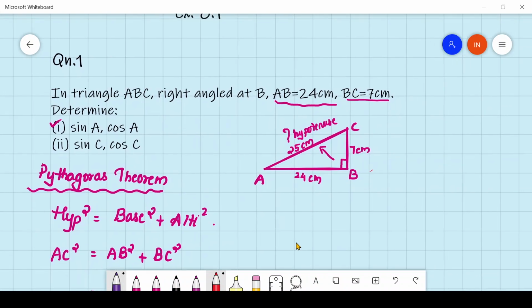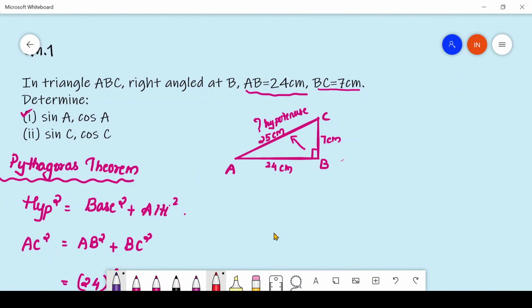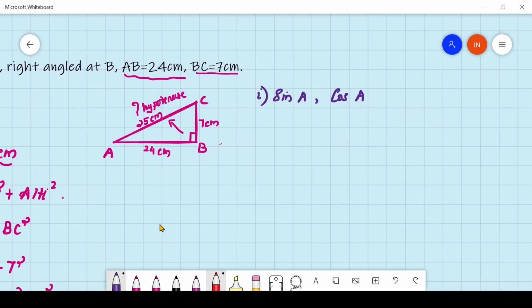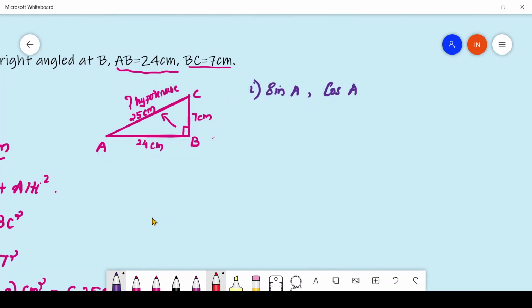Yes. So let us see the first part of this question. What we have to find out. We have to find out sine A as well as cos A. Here comes what we have learned in the previous class. So sine of an angle A, what is the formula and how can we find out it? So sine of an angle, I am going to write here sine of angle theta.